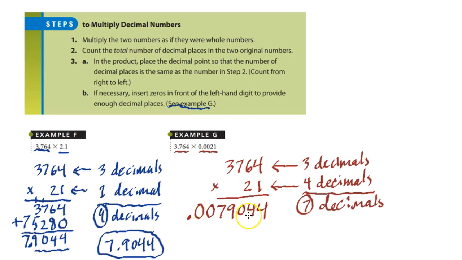So that gives us 1, 2, 3, 4, 5, 6, 7 decimal places. And if you want, you can put a 0 before. And there we go. We have our final solution. So hopefully that makes sense, how now we have 7 decimals. And this is our final solution.